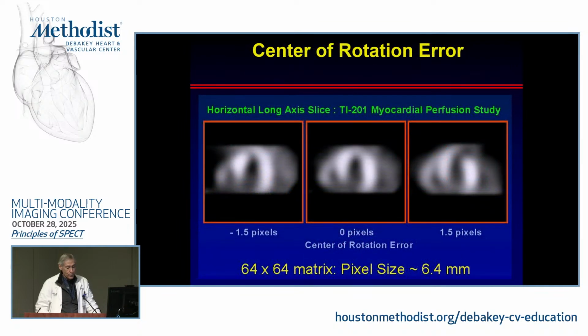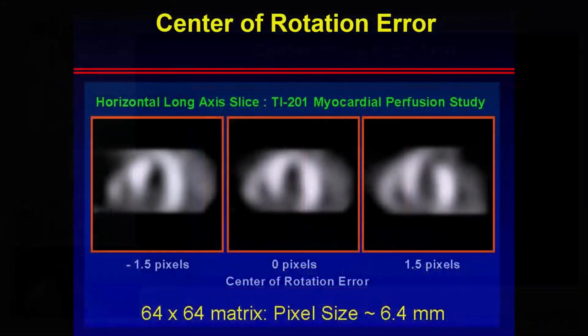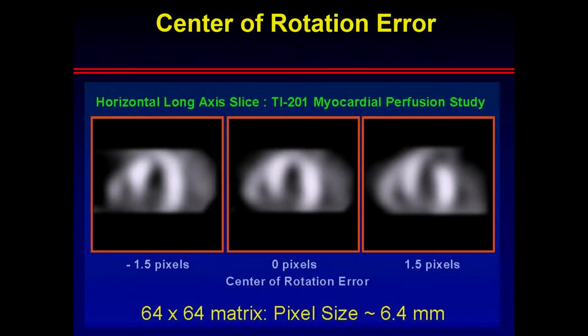So this is what happens if you have center of rotation errors, and you can see that on the left, this is with a 1.5 pixel difference. You can see an apical septal defect.